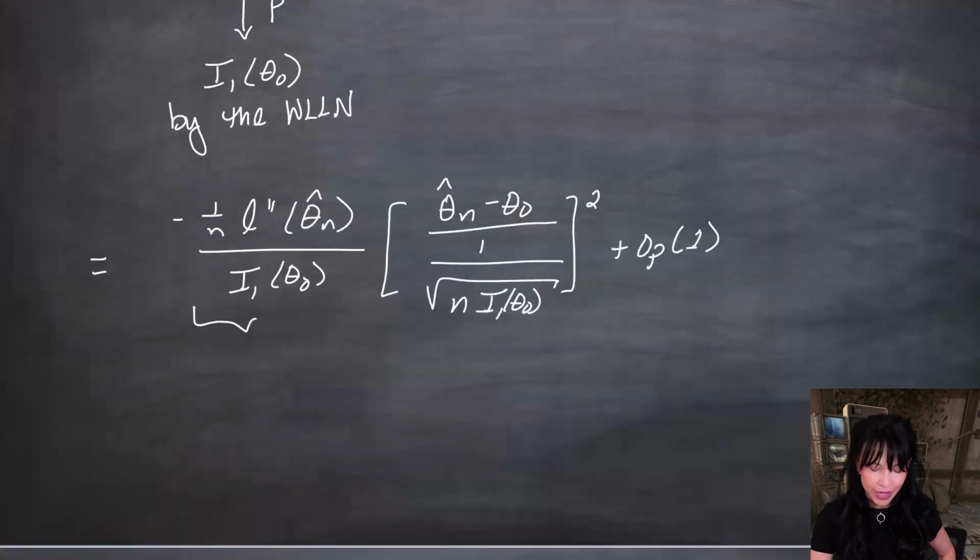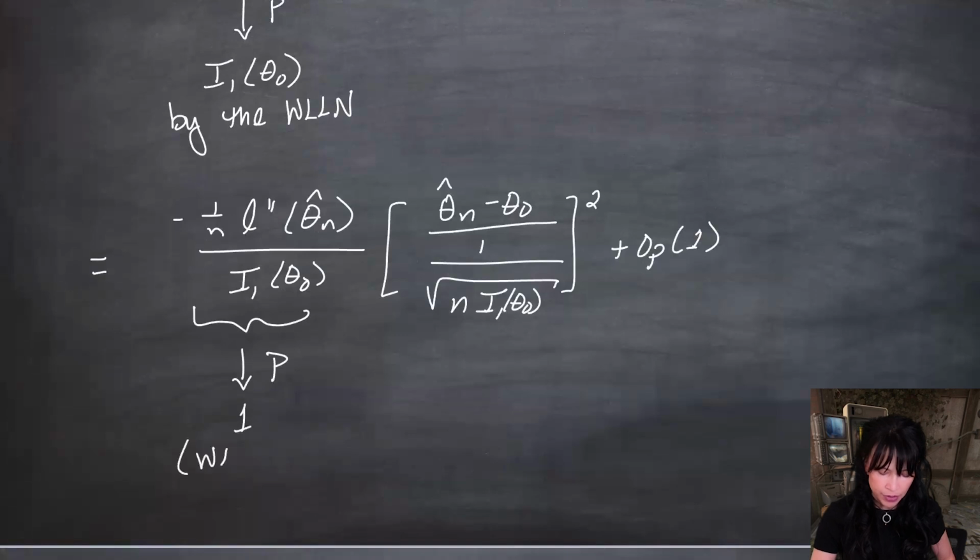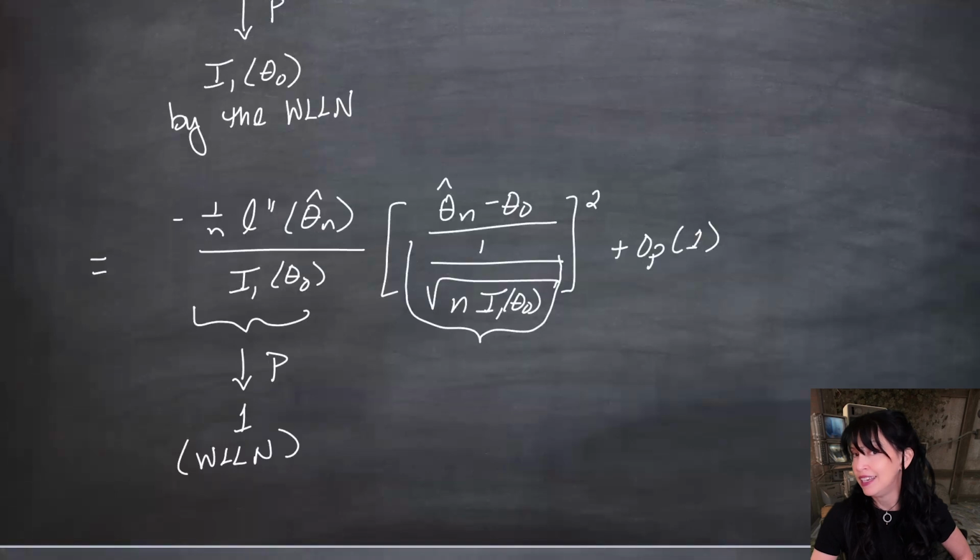But now we know that this is converging in probability to 1 by the weak law of large numbers. And this thing inside without the square is our MLE properly standardized. And we know this converges in distribution to a normal 0, 1.